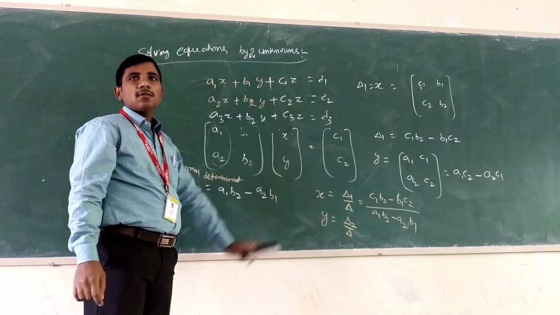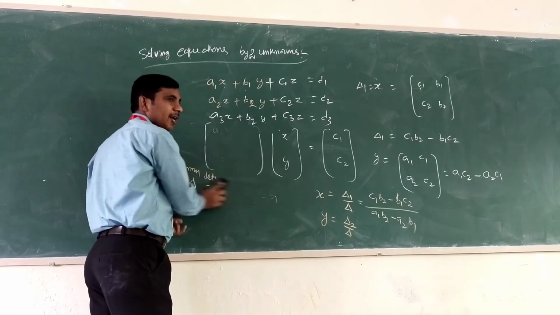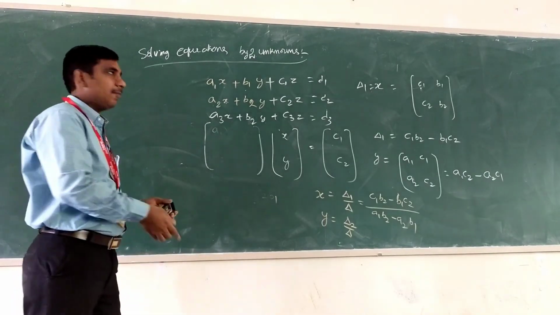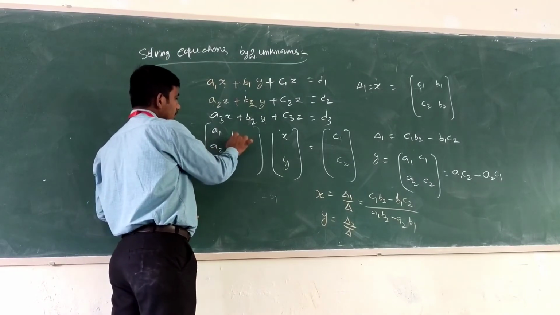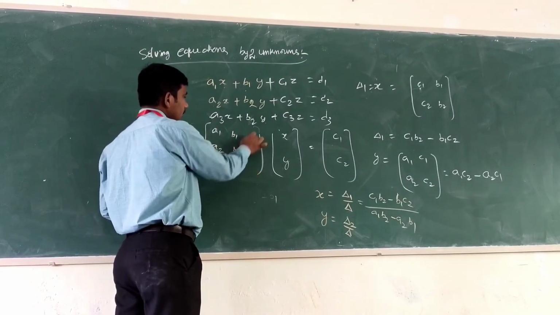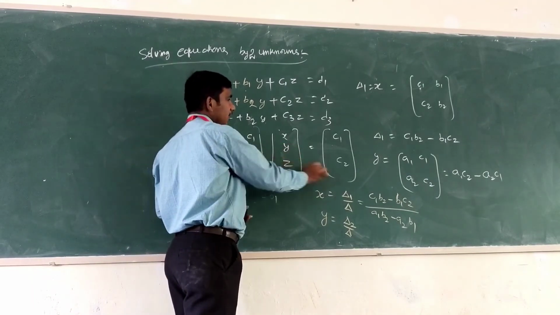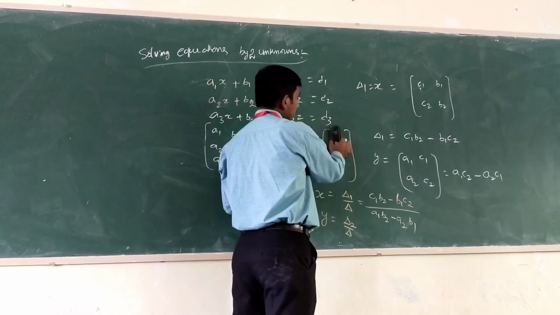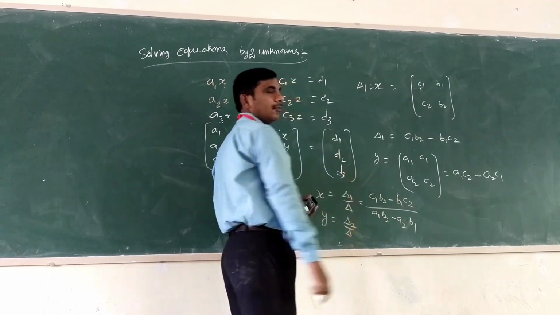Now we write the 3 by 3 matrix: A1, A2, A3, B1, B2, B3, C1, C2, C3, and the constants D1, D2, D3.